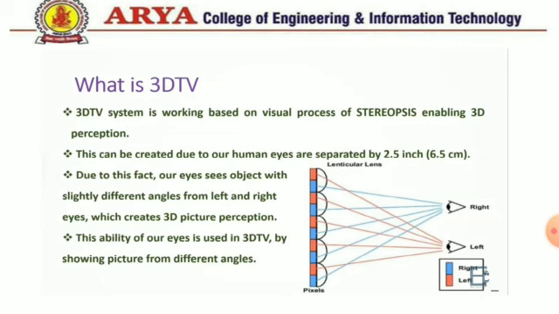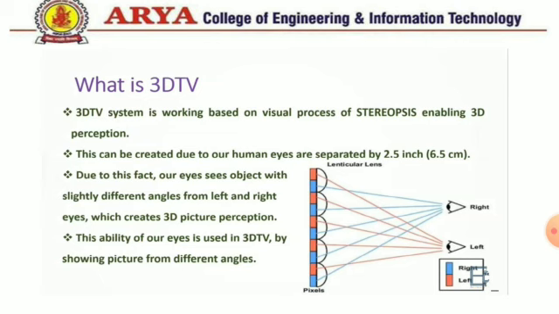So all we can do is show one image with the perception of the right eye and a second image with the perception of the left eye. And if we merge both of the images at the same time, then our eyes will find it like it is a 3D object. This is exactly what we do.